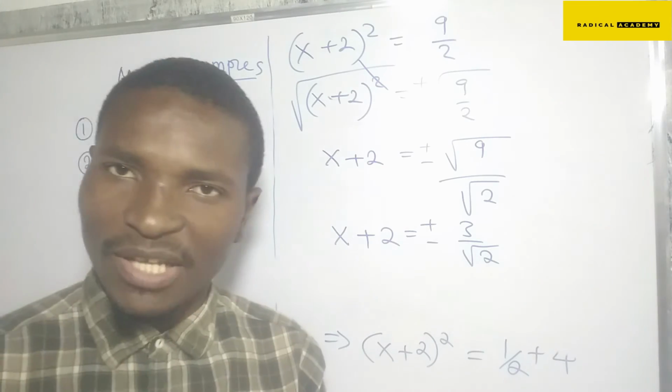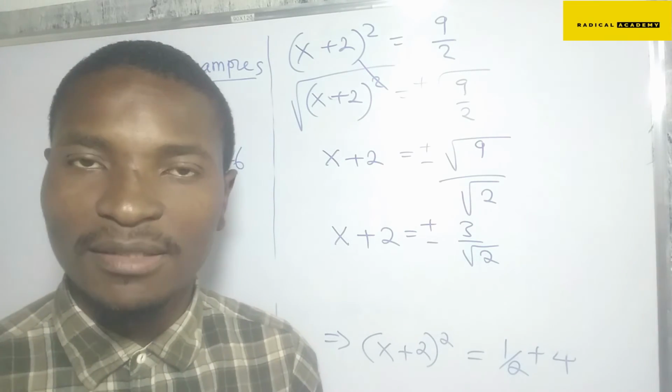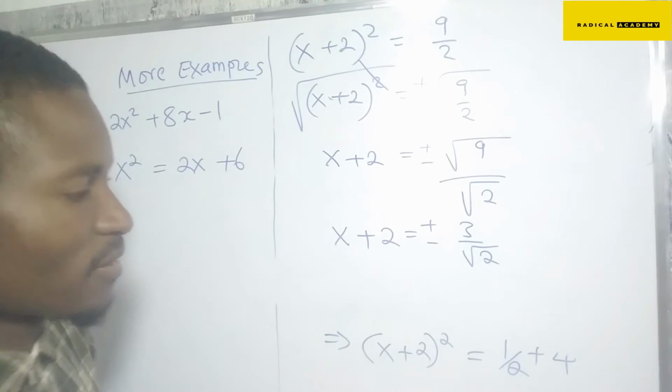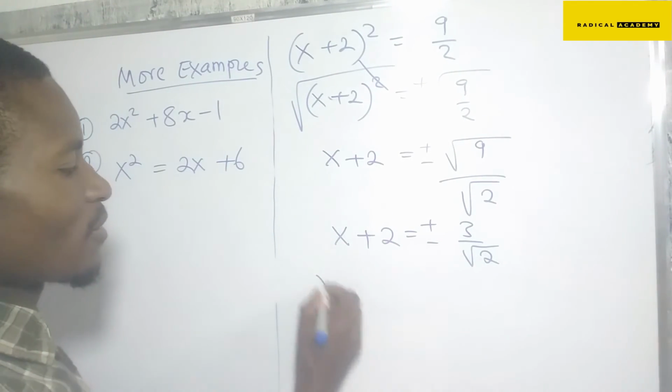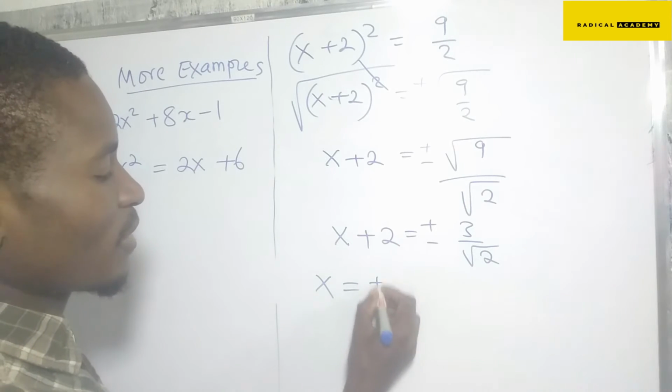So once you reach there, you're almost done, and what you just need to do is find the final answer now. Here this is going to be x equals plus or minus.